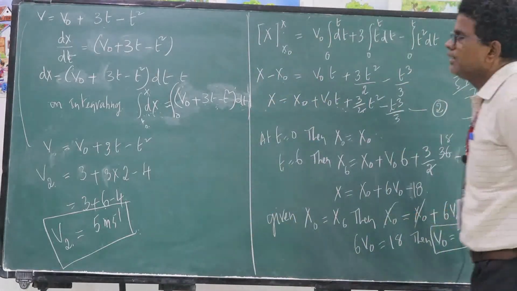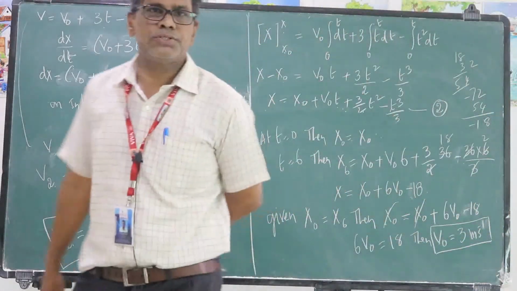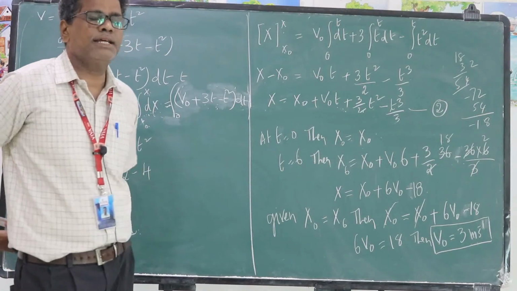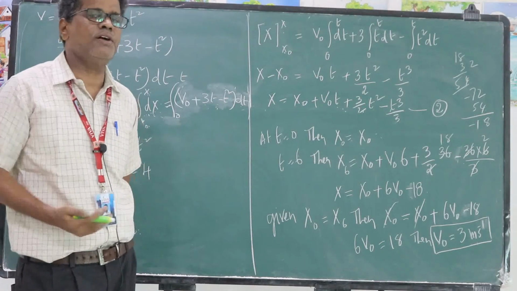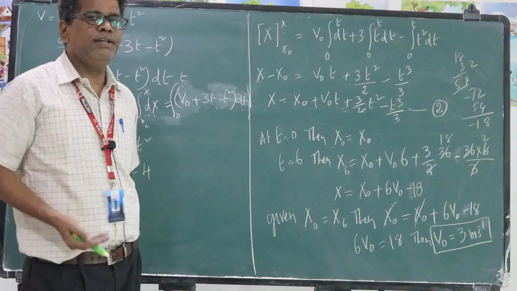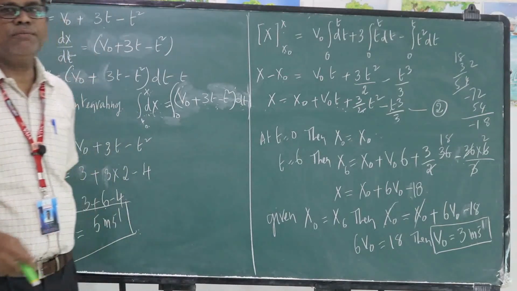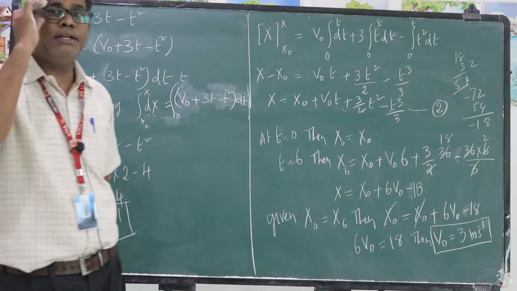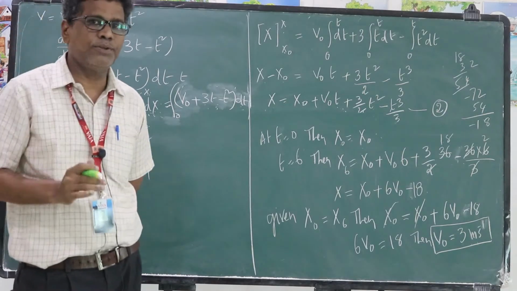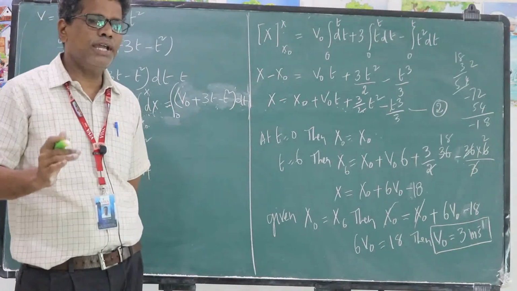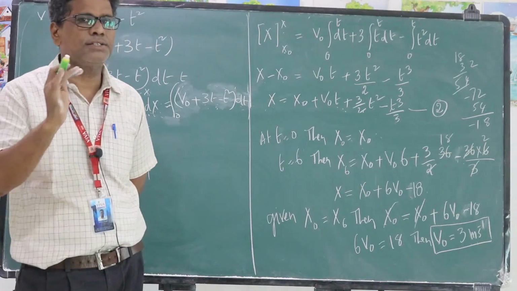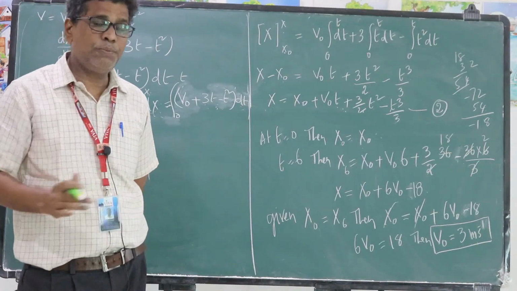Clear this sum? So what is the given sum? Acceleration is given as a function of t. We want the initial velocity. The given information is that at 2 instants of time, t is equal to 0 and t is equal to 6 seconds, it occupies the same position.